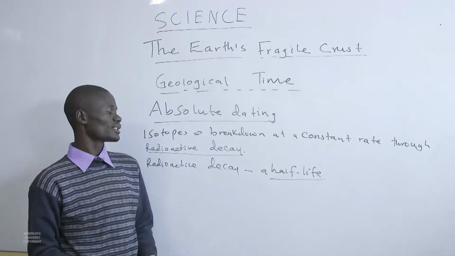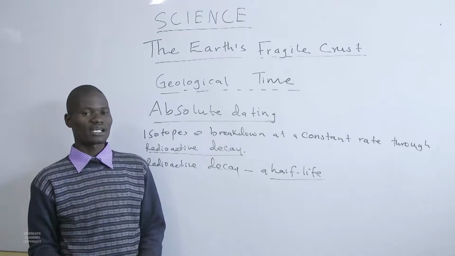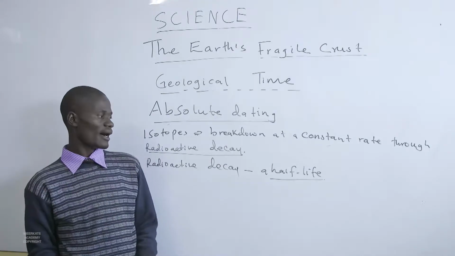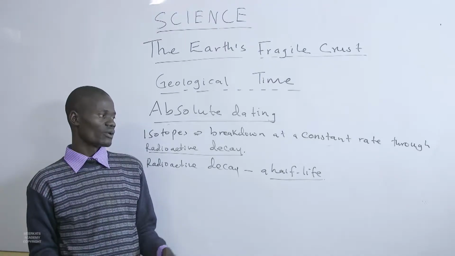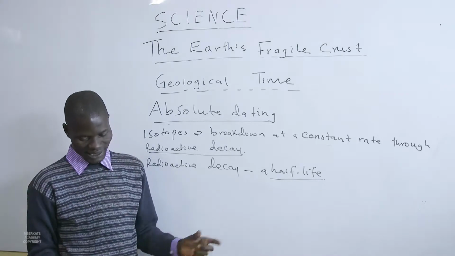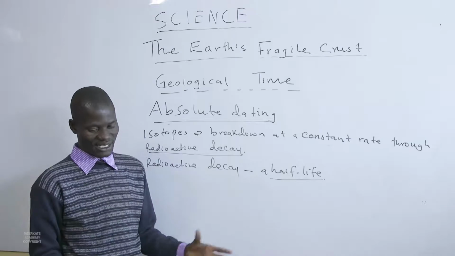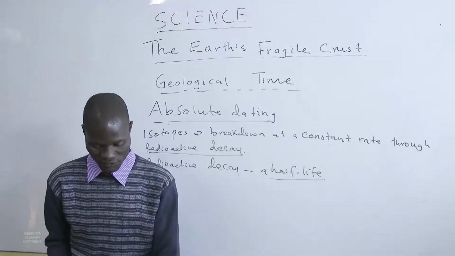When we are looking at radioactivity, we'll be able to come up with radioactive decay. And when we are looking at radioactive decay, we'll be able to look at a half-life. That is now the radiometric dating that we have to find.